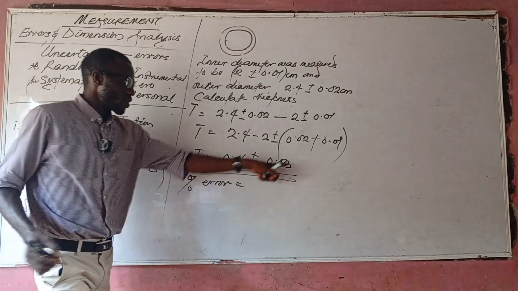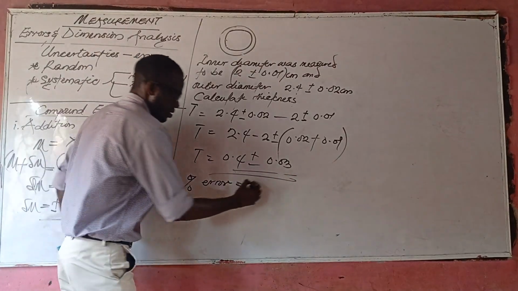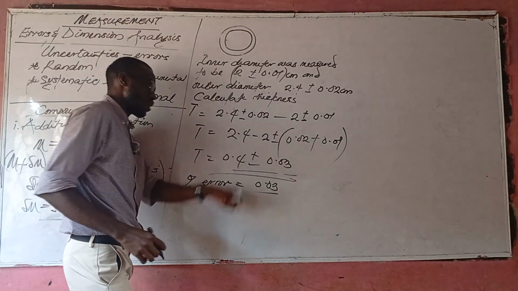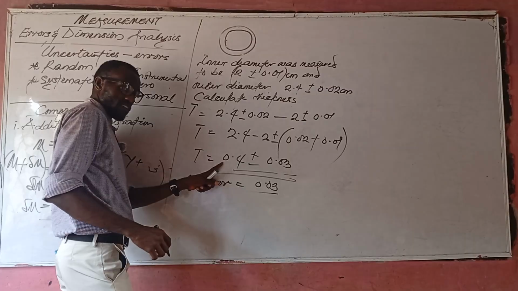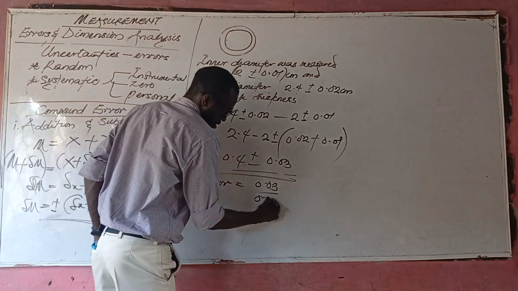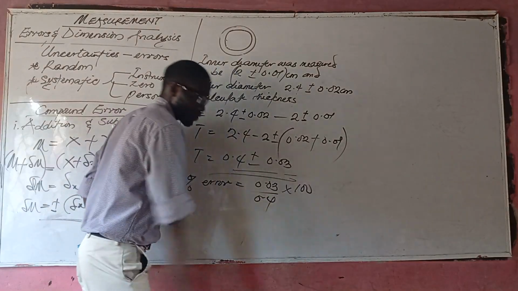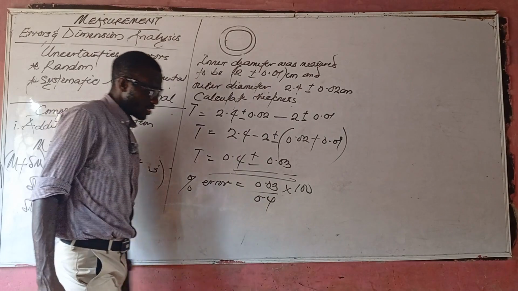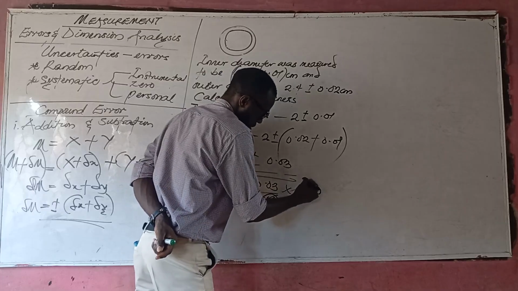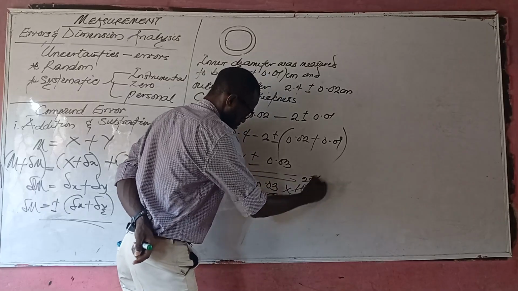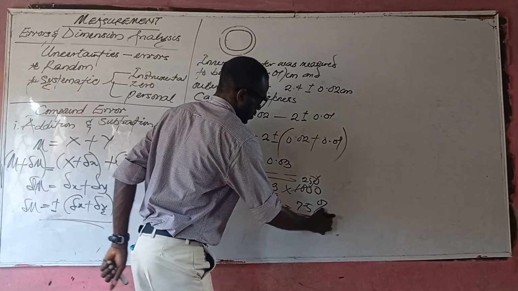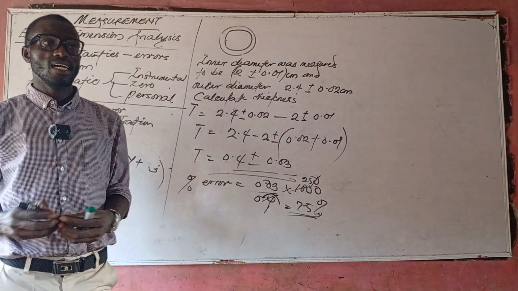Percentage error is just the error over the actual value, times 100. Then you do your maths. That's the answer. Is it clear?